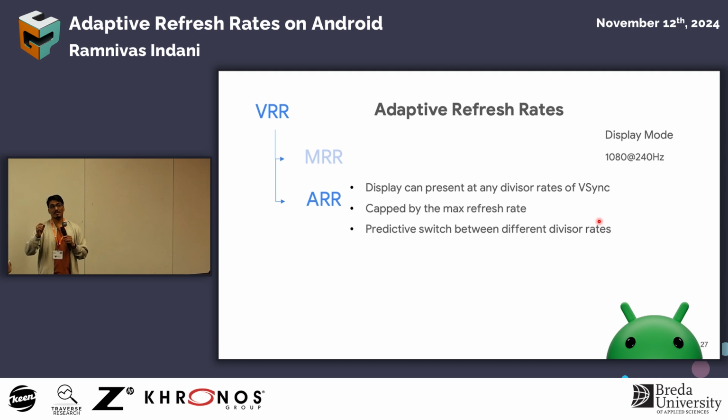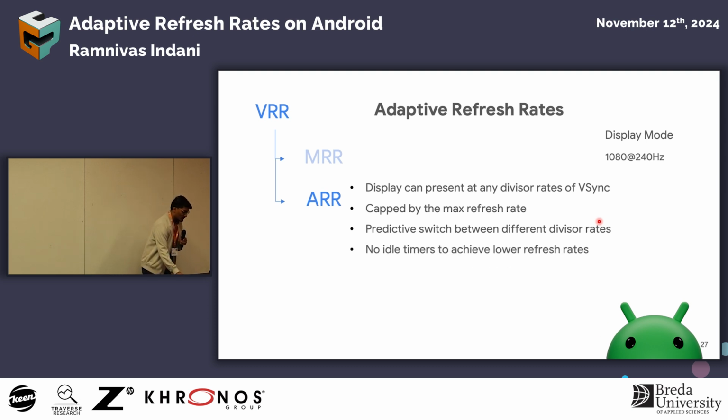So this makes the render rate switching predictable. In MRR, we saw that changing the mode was not predictable. It can change at any time, and that makes the software side hard. But here there is no mode change, the display is always running in the same mode, so it's easier to change between different refresh rates. And we don't need any idle timers or anything to handle when the user is not doing anything.